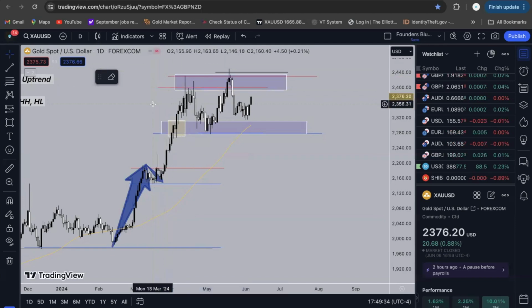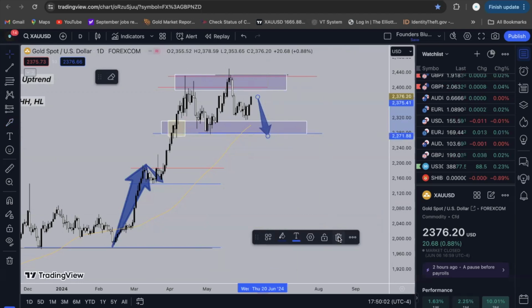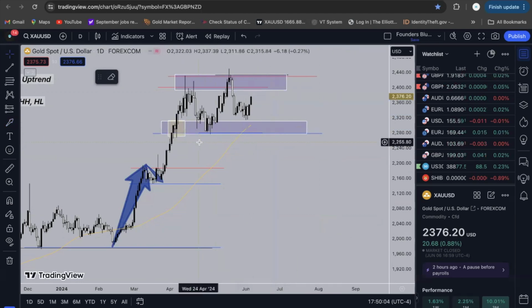Once price came back here on May 2nd and pushed up here, our next highest point was 2,433. So what we potentially could see price do in this moment in time is come back down and test out this level of support, or our floor.